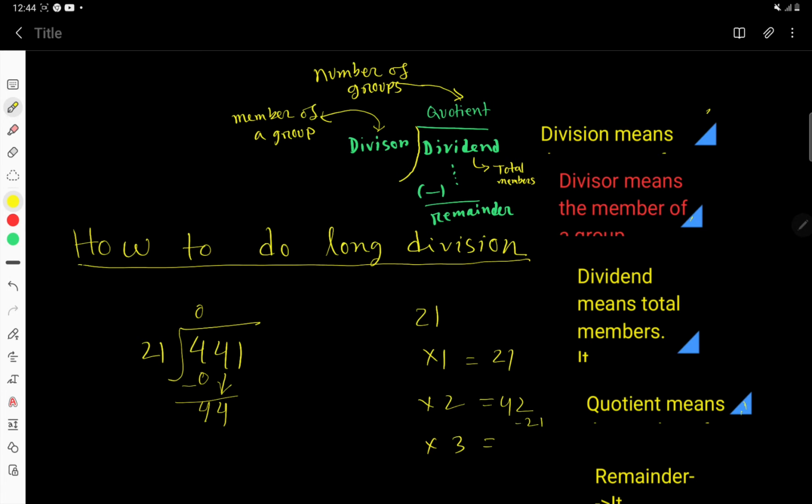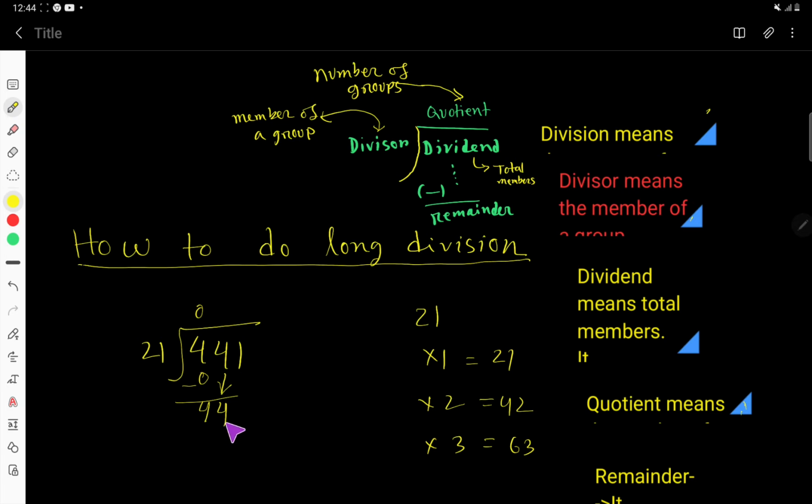Just add 21 with this number. 3, 6. That is 42 and 21. This is 63, right? 63. So look, you don't need to memorize multiplication table. So look, here we have 44 and here 63, that is bigger. So we have to stop here.